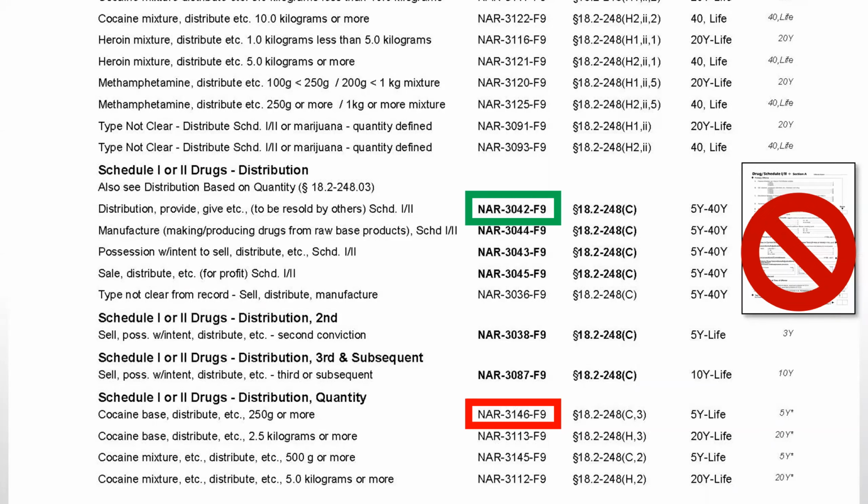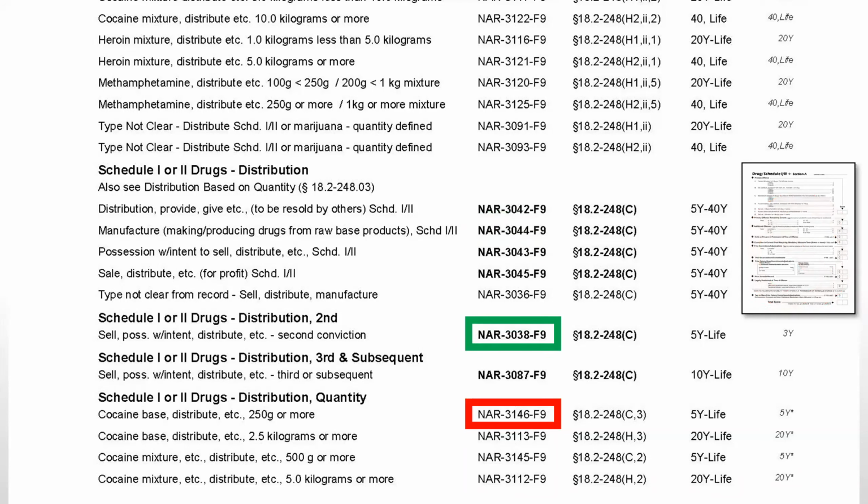But let's say that instead of distributing a Schedule 1 or 2 drug, the offense is actually a second conviction. We have the same other offense of cocaine base distribute 250 grams or more. Both of these are life maximum.